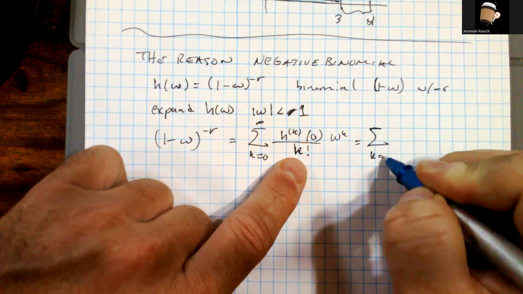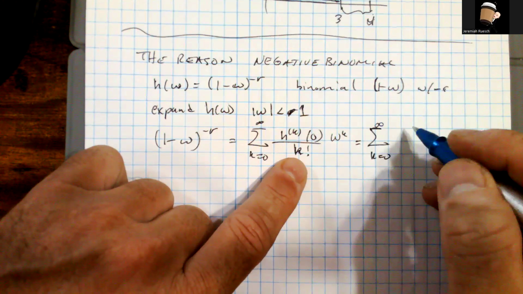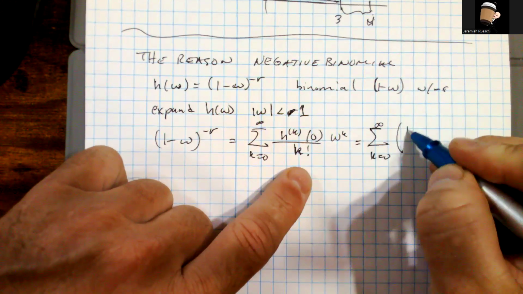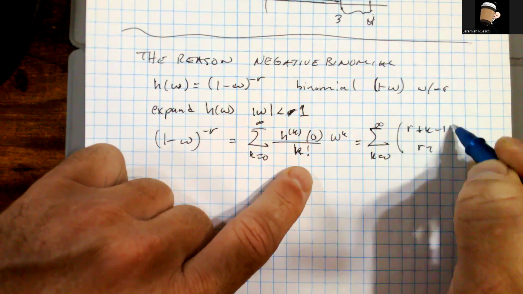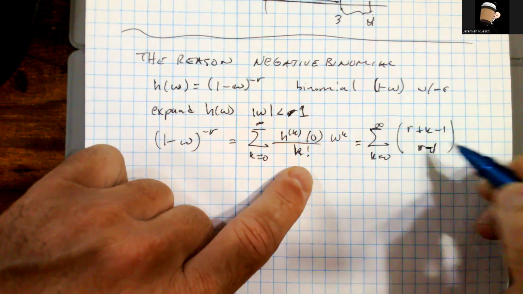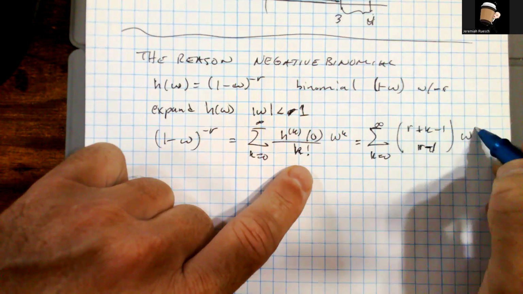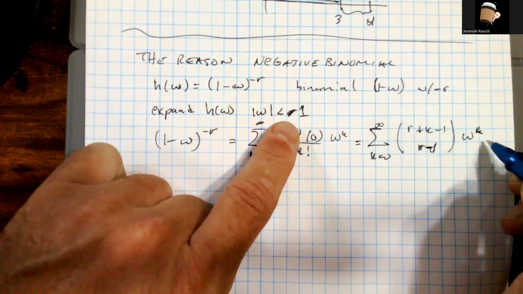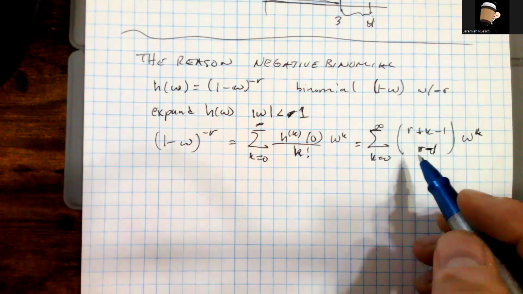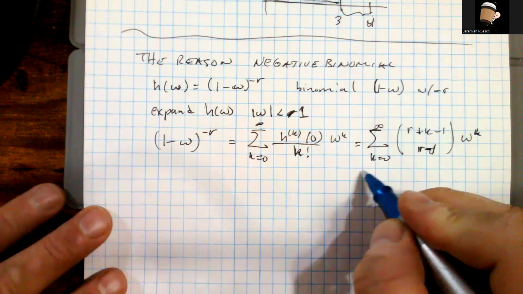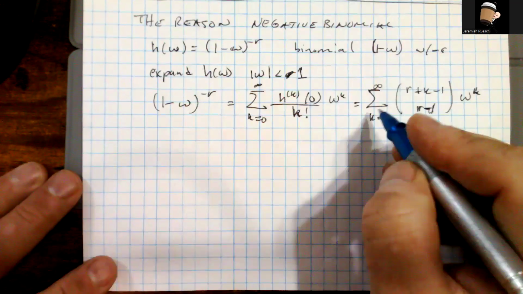You can say that the sum from k equals 0 to infinity of (r plus k minus 1 choose r minus 1) W to the k. And again, W is still bounded between 1 and -1 here. Okay. And now this looks like it's in a form that we can better serve.